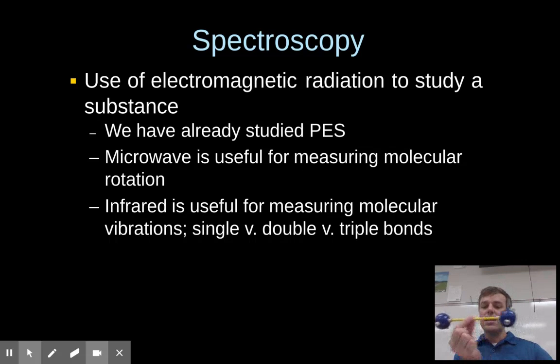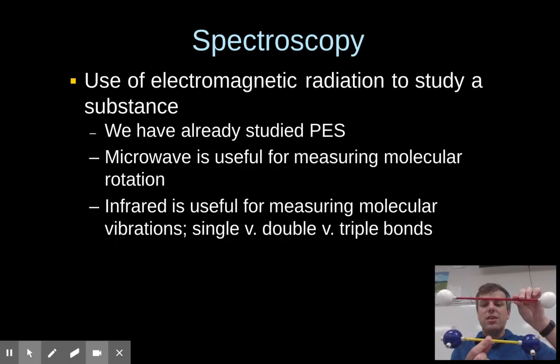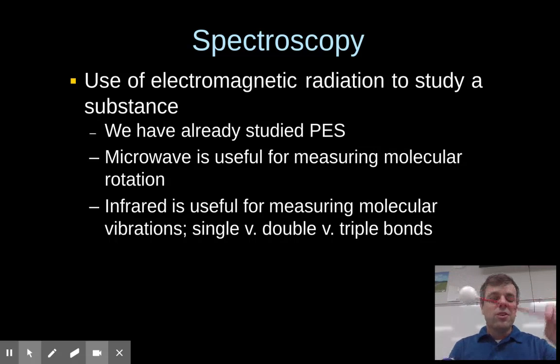So if you have a triple bond versus a single bond, you can see these have different lengths, and so they would absorb different wavelengths of infrared. So you could use that to measure bond lengths. That gives us the support for delocalized pi bonding in molecules with resonance structures, that it's not a single bond here and a double bond there. They measure that using infrared spectroscopy.